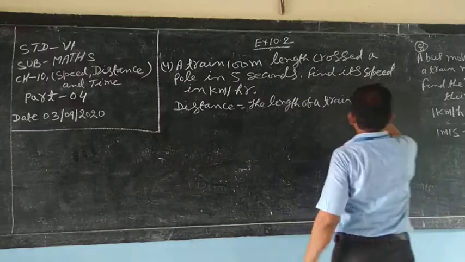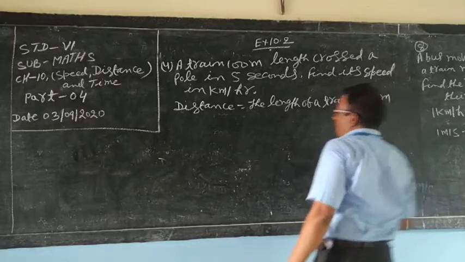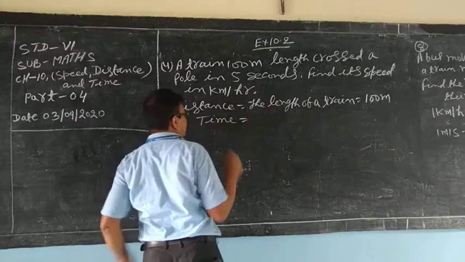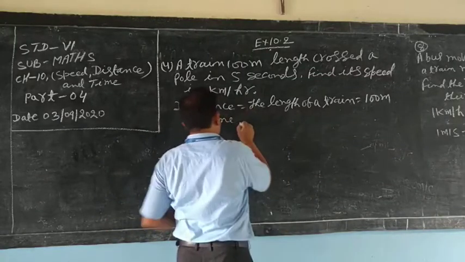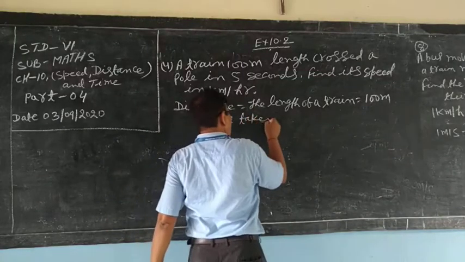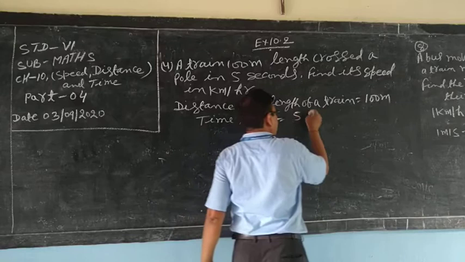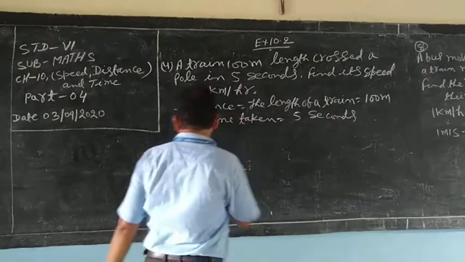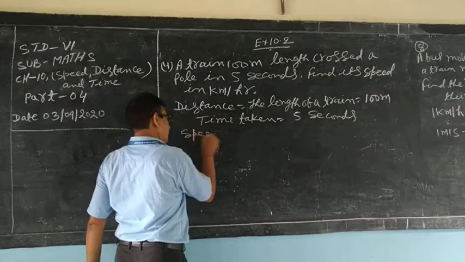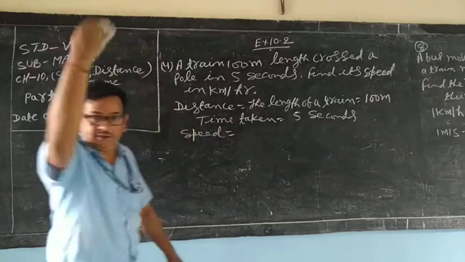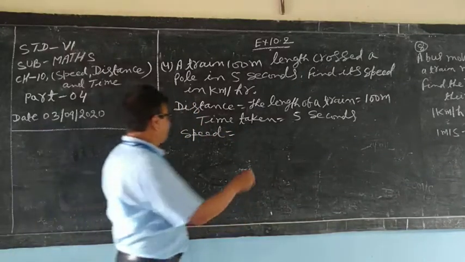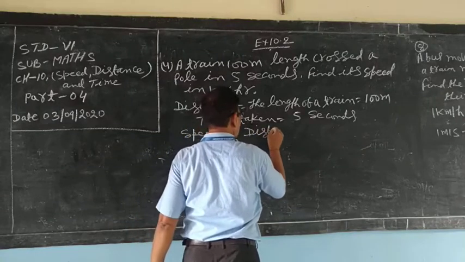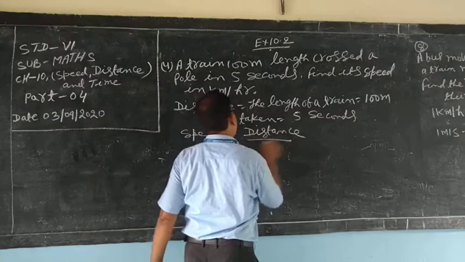And time, what is given? 5 seconds, time taken. Okay, what you will do? Speed is equal to, my dear student, reply. What you will write? Distance by time.